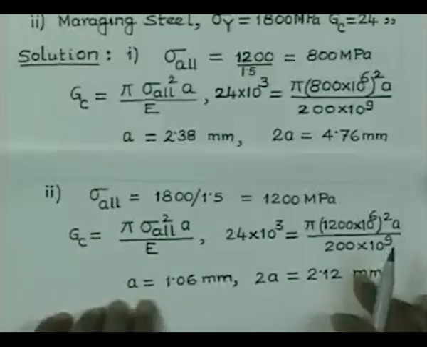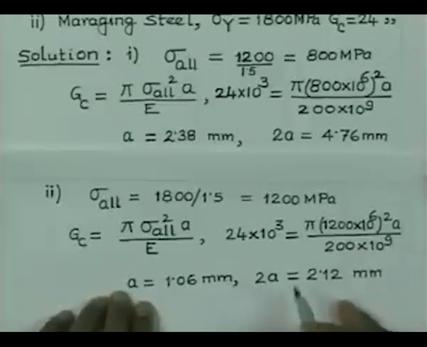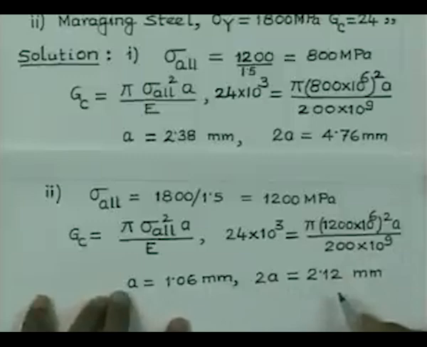Once we simplify, we get crack length a as 1.06 millimeter, and therefore the total crack size 2a is equal to 2.12 millimeter.